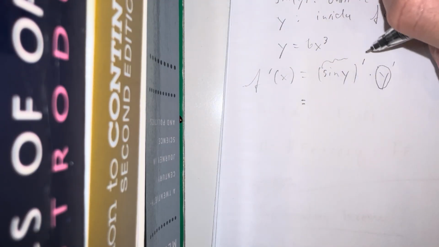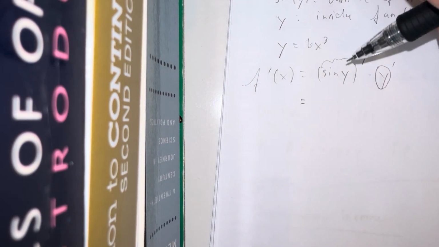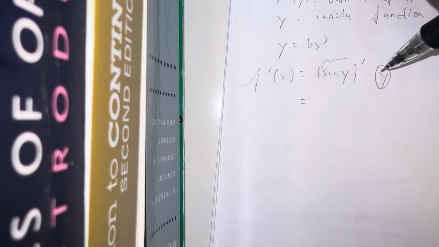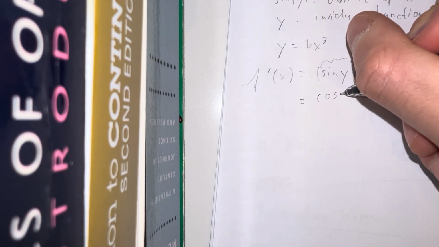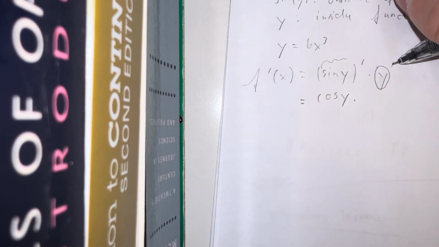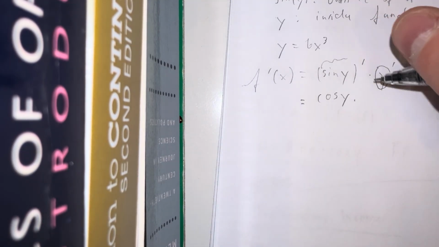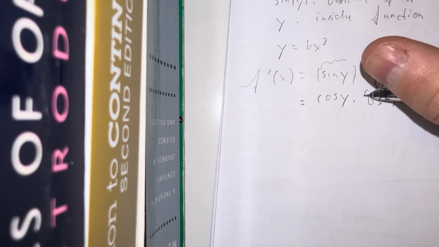It's the derivative of the outside function with respect to y times the derivative of y with respect to x. So sin y becomes cos y. Y marked becomes 6x cubed marked.